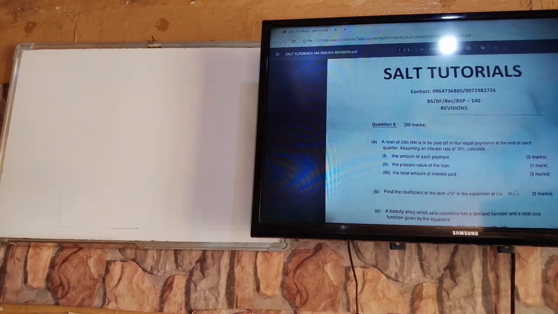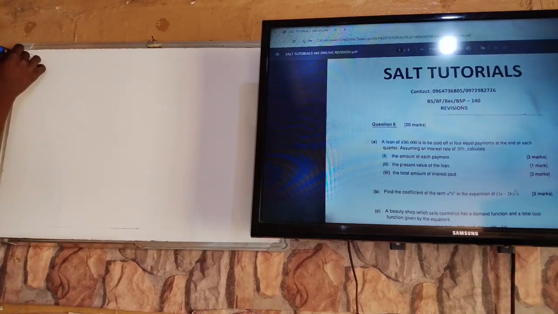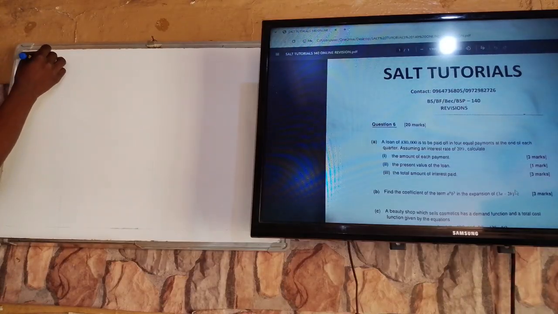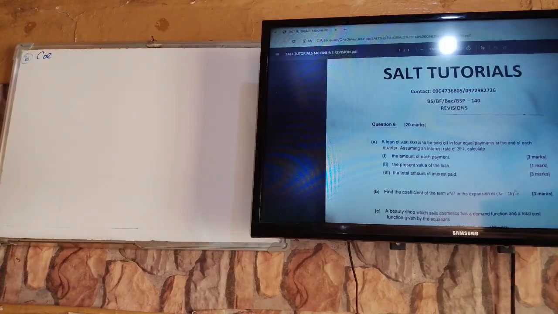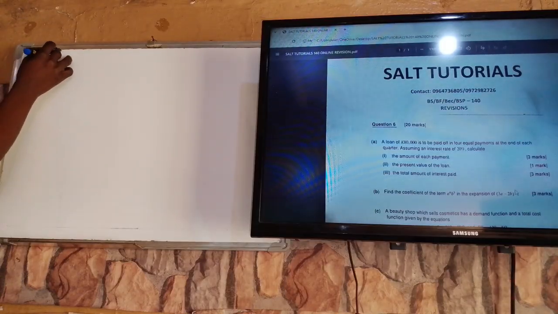B says find the coefficient. We are looking for the coefficient. How do you spell coefficient? C-O-E-F-F.